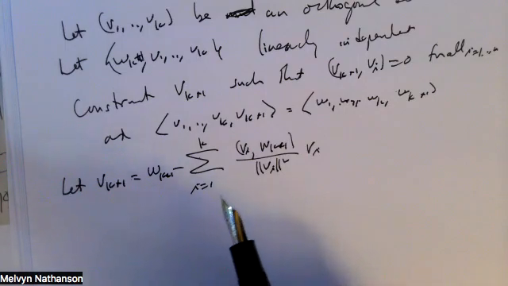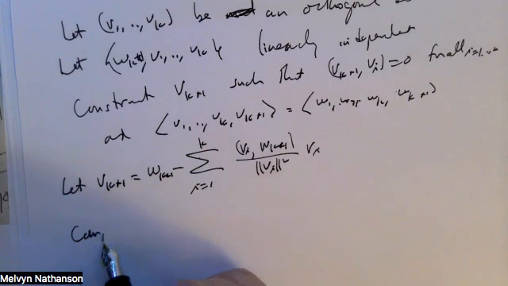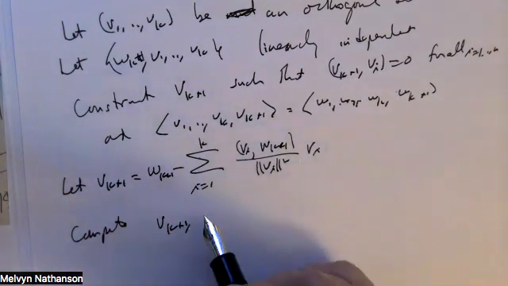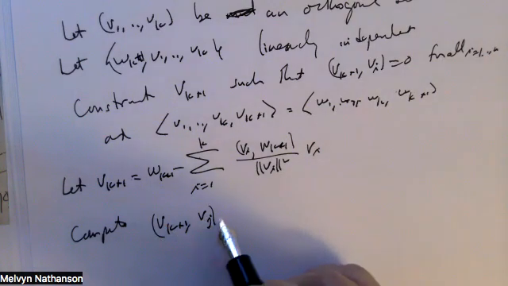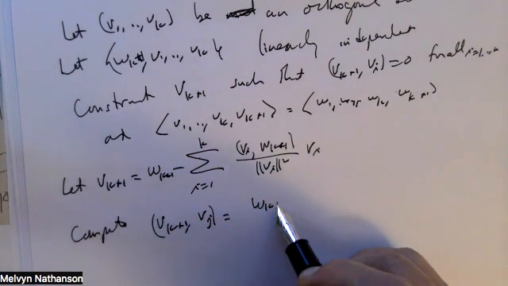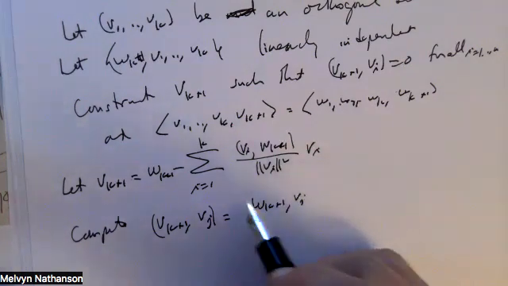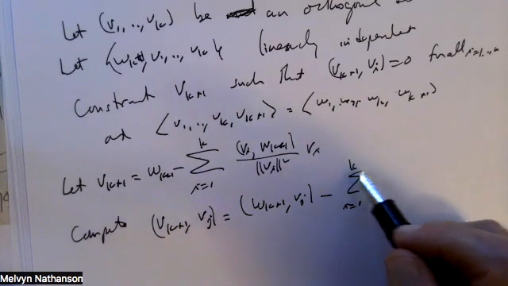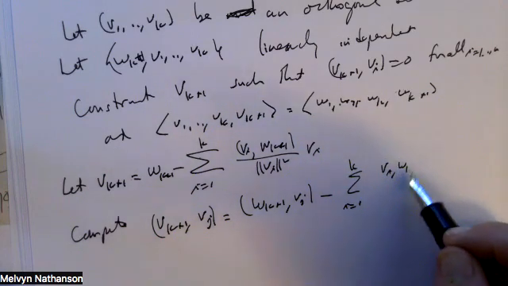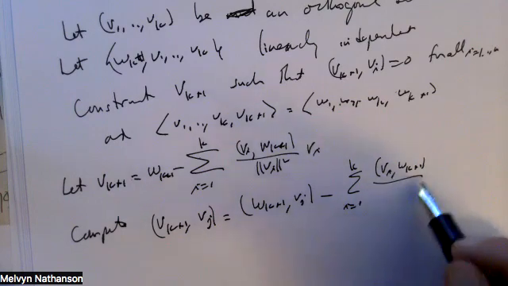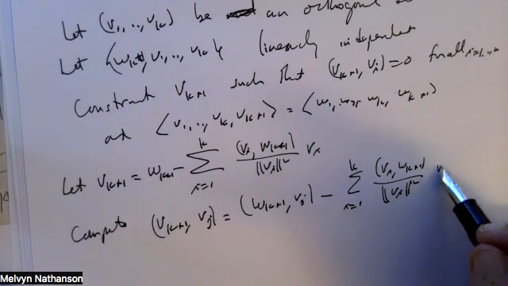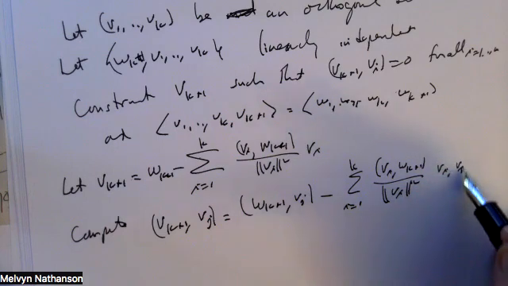So I'm sort of extending the construction from one vector to k vectors. Compute the inner product of Vk+1 with one of these Vj's. So that's Wk+1 inner product with Vj, minus the sum, i goes from 1 up to k, of the inner product of Vi and Wk+1, over the length of Vi squared, times the inner product of Vi and Vj.